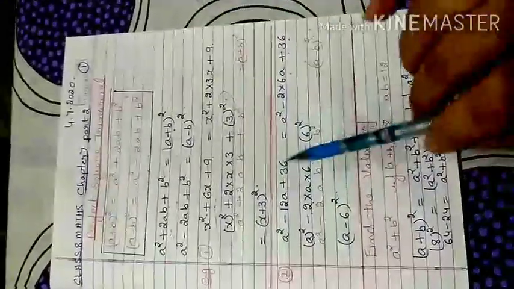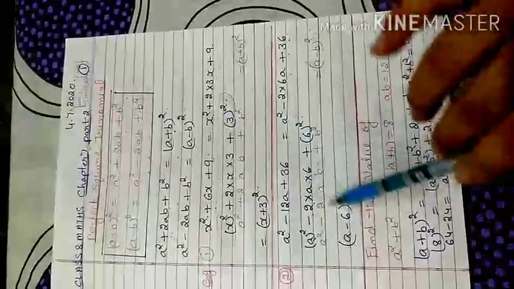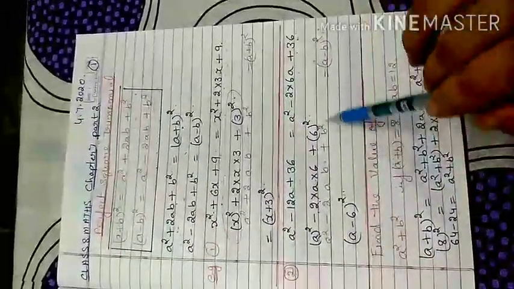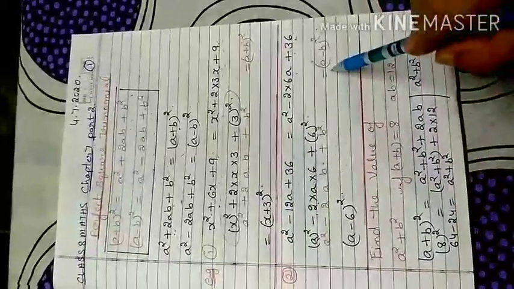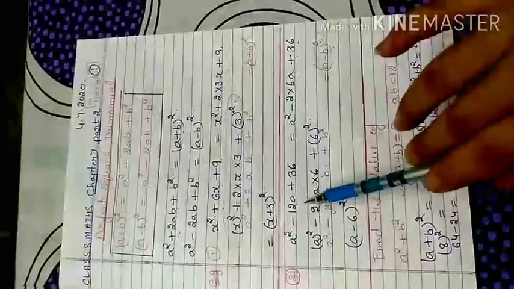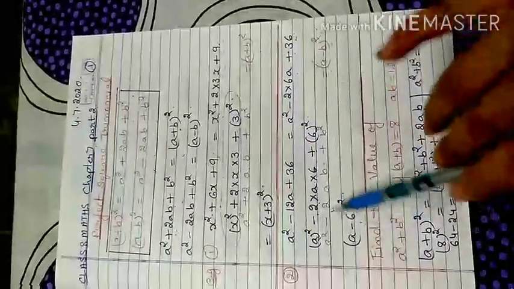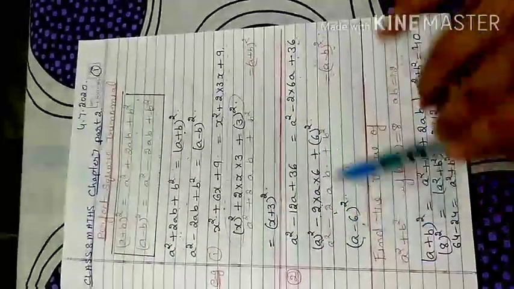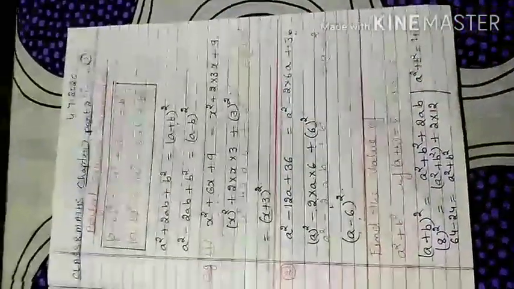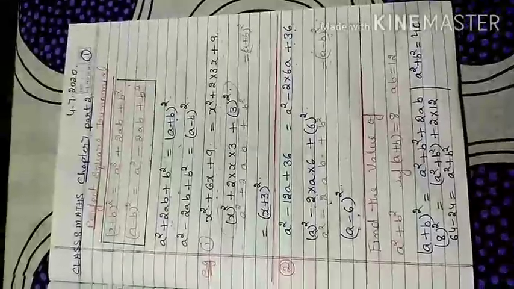That is your formula. First you convert into this form, which gives a square minus 2ab plus b square, and that is equal to (a minus b) whole square. When you convert the formula into this form, this also gets converted. In place of the first term there is a and the second term is 6. So (a minus 6) whole square is my required answer.